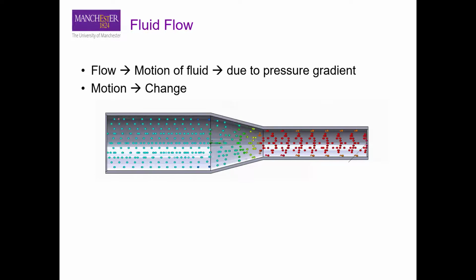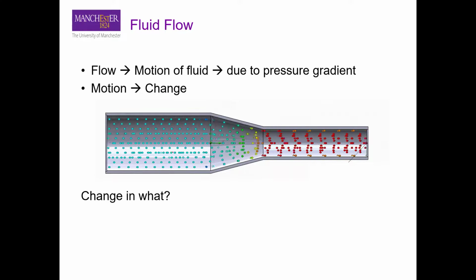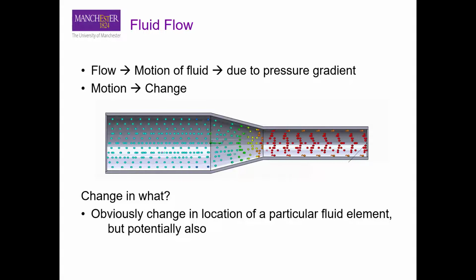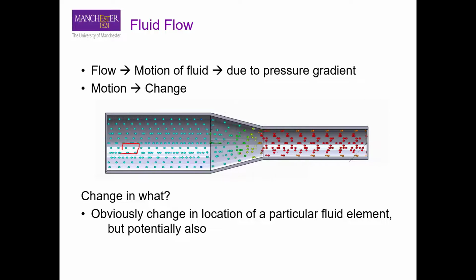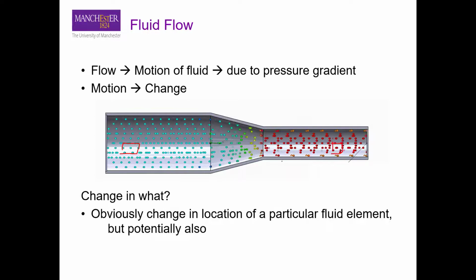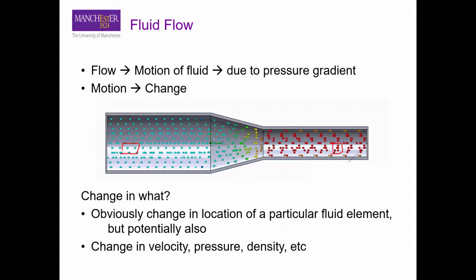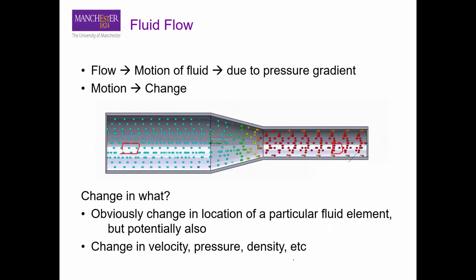Okay. So we established that flow, that is the motion of fluid, is caused by the pressure gradient, and this motion causes a change. So a change in what? Obviously, the element of fluid is moving from one place to another, so there is a relocation of this fluid element, but also a change in velocity, pressure, density, or some other property of this fluid.